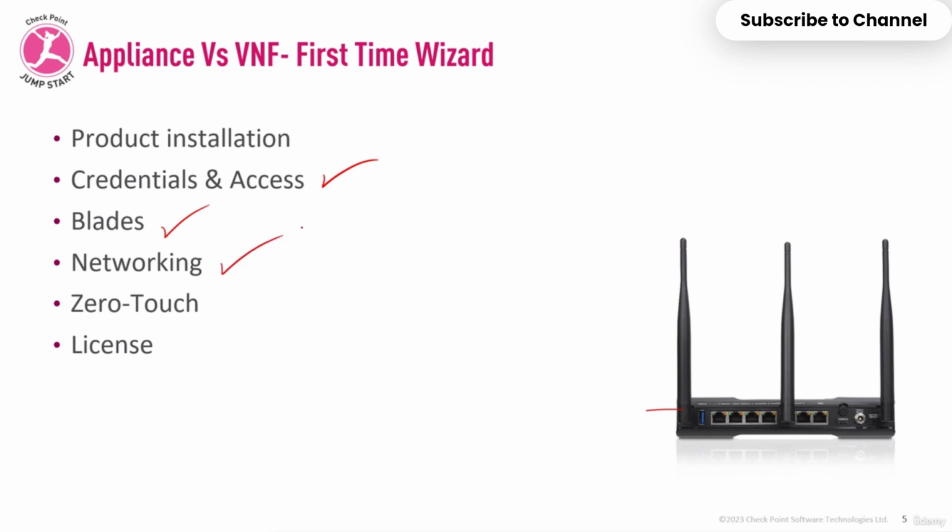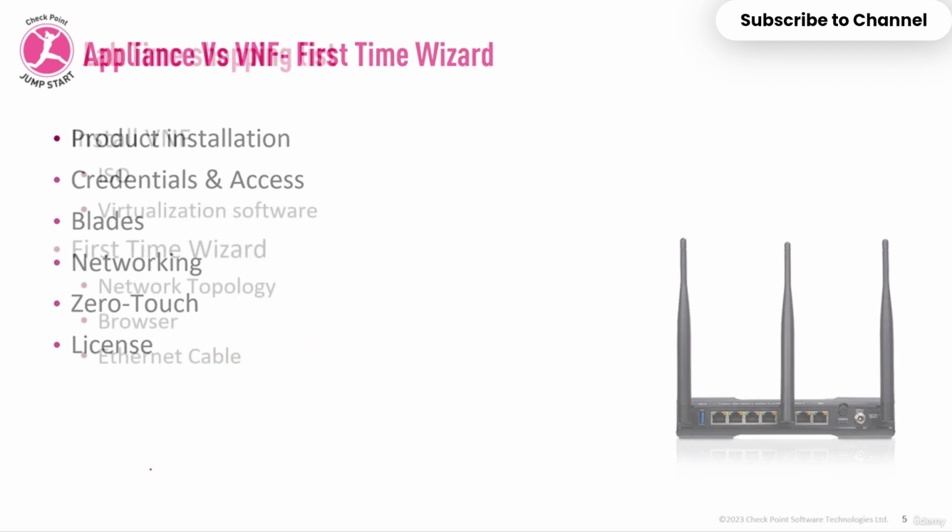Networking settings, for example, if you want to get an IP using a DHCP, or maybe you're going to add it statically, and so on. Set up zero touch, or actually that's the time to use zero touch if you've configured that. And also, if you have internet connection, you're going to obtain the license automatically. If not, you can do it offline or just set it up later as well. So all of these settings will be configured during the first time wizard.